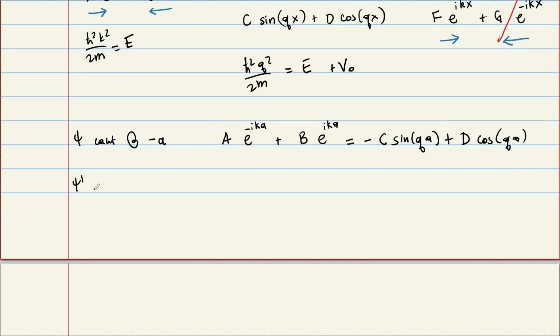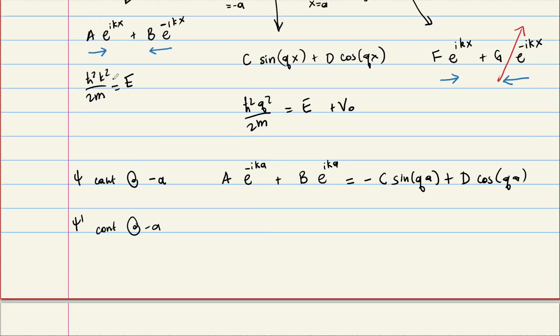Now psi prime should be continuous at minus a, and if I take the derivative, you can see there's an ik, open the parentheses, and the same thing, exactly the same factor. But because this derivative is going to bring a minus here, I'm going to put a minus here.